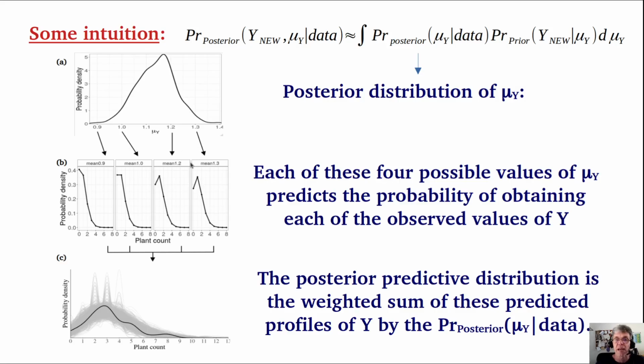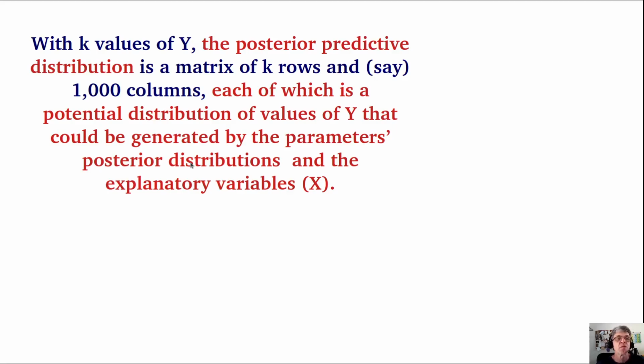So it's a sort of an average, if you wish, or if you prefer. So if we have k values of our response variable, the posterior predictive distribution would be a matrix of k rows, and say if we want 1000 or 5000 or whichever number you want, columns, each of which is a potential distribution of values of y that could have been generated by the model parameters, posterior distribution, and the explanatory variables.